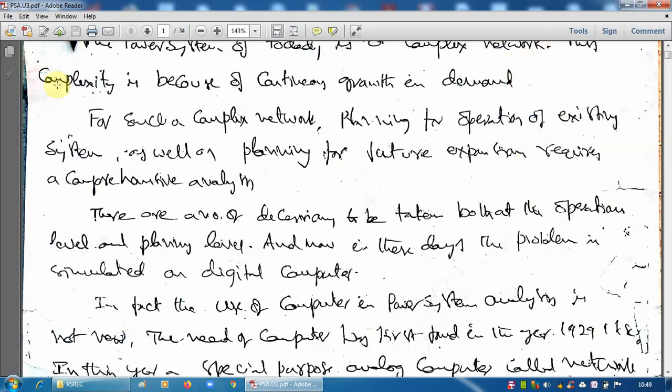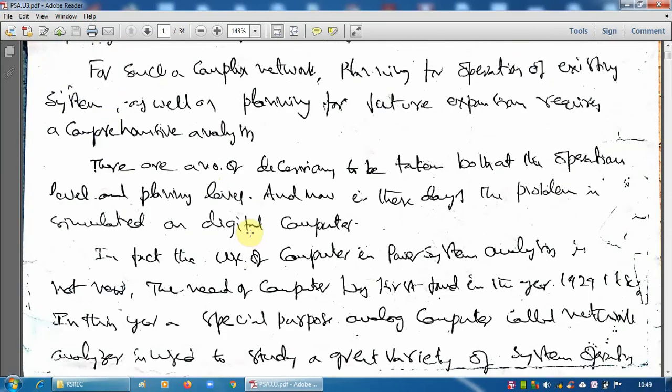Load flow is one of such programs or analyses that gives you the steady state data of a given power system. Data means data about bus voltages, active and reactive power flows in all the lines, etc. Simply saying, load flow analysis is nothing but the steady state solution of the interconnected power system.